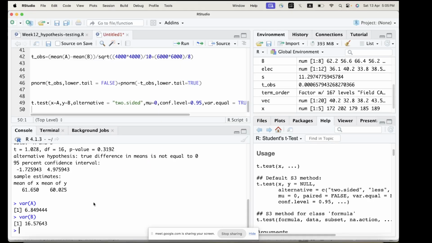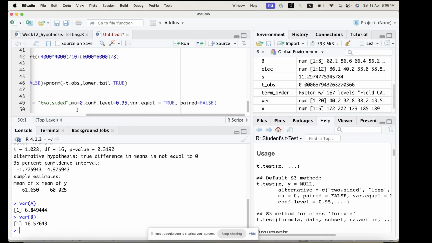Okay, so if we just calculate this, let us see what is the value of the test statistic that we get.